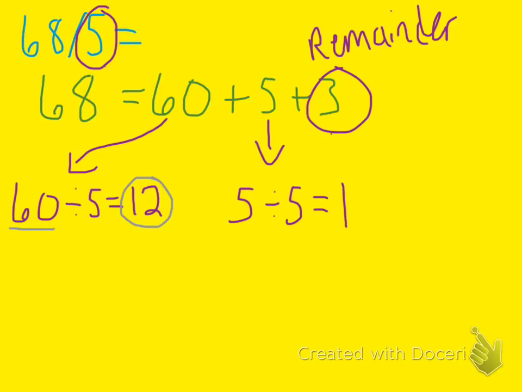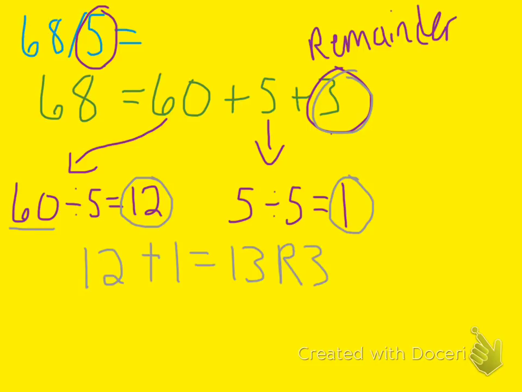Then we moved over to our 5 divided by 5, we could give each person 1 candy bar. So our last step is to add up our quotients, our answers. 12 plus 1 equals 13. And then our remainder up here, we can't forget about that. The way we record our remainder is remainder 3. So this is how you write our answer.